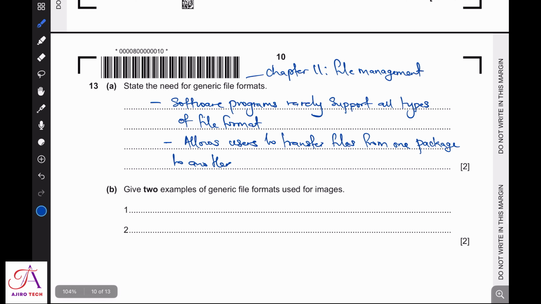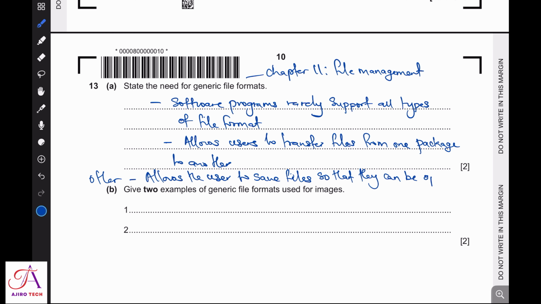That's another very key one. Just put in order here: it allows the users to save files so that they can be opened on any platform.